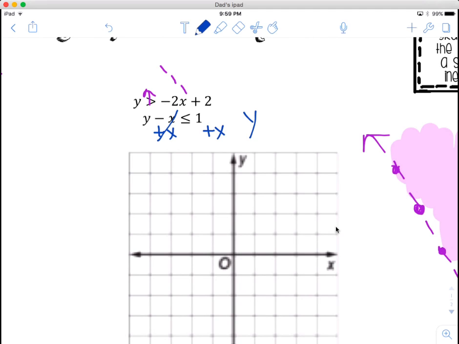So let's go through the exact same process that we did before. This is going to be a positive slope. It goes up 1 over 1. It's okay to use the solid line because it's also equal to. So right here it's showing the equal to. And it's less than or equal to, which means we're going to shade down.